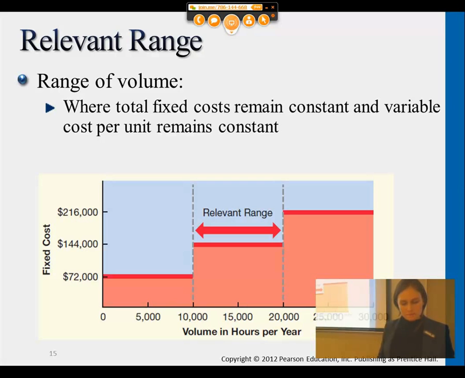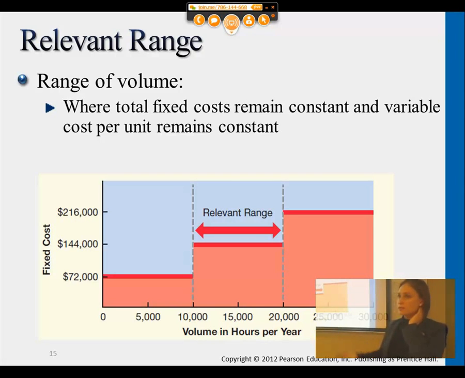What would be an example for relevant range? What's a good example? When would I need to know the relevant range? When would it apply? It especially applies when I have to rent out another, let's say, facility. It's a big cost.